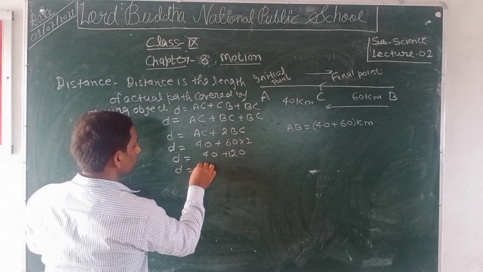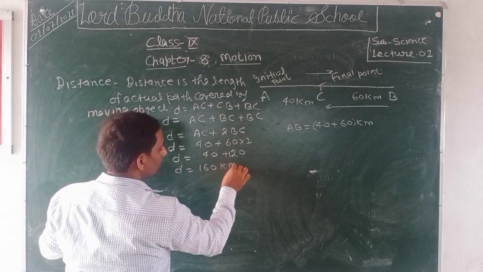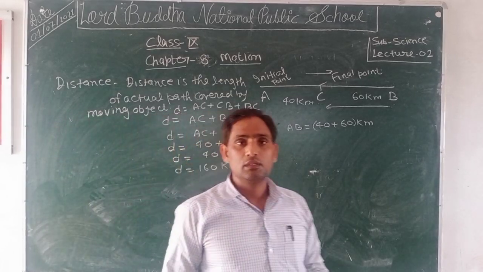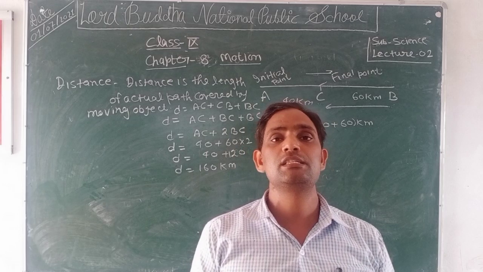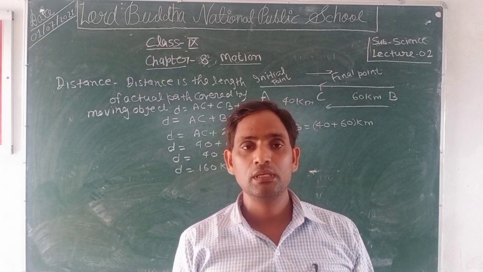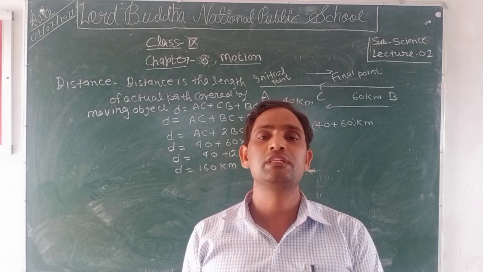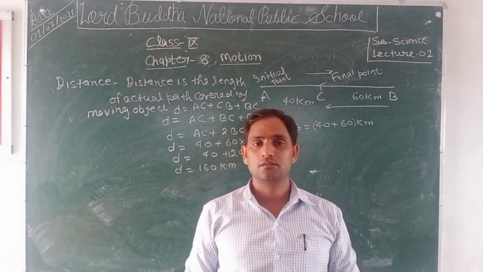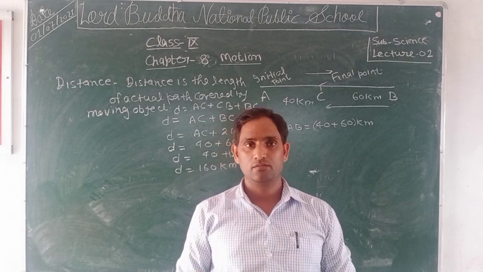So D equals 160 km. This is the distance, but the displacement is the shortest distance between initial and final positions along with direction. But distance is not dependent on direction.